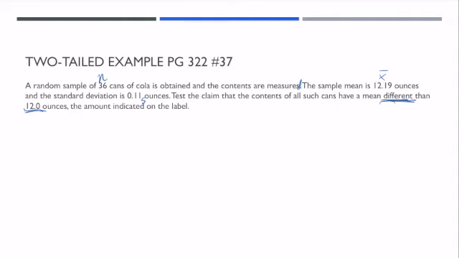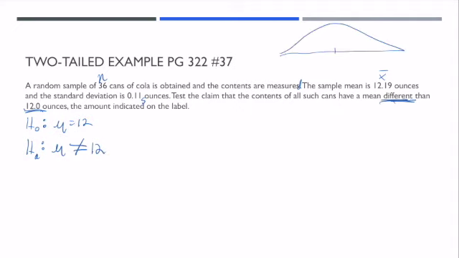This word different, not less than or greater than or fewer than or more than, right? That keys us that we're going to have an alternate hypothesis where the mean does not equal something. So in this case, our null hypothesis is that the mean is 12 ounces, and our alternate hypothesis is that the mean is different than 12 ounces.